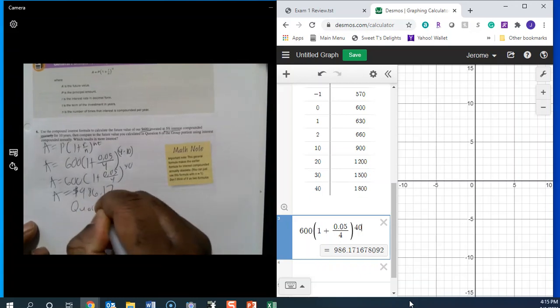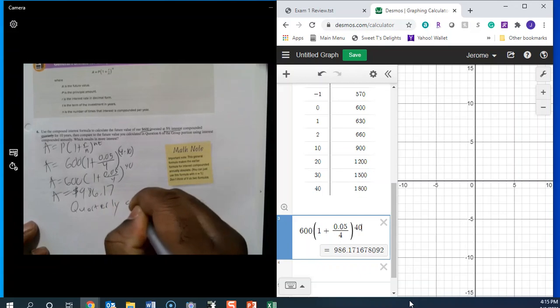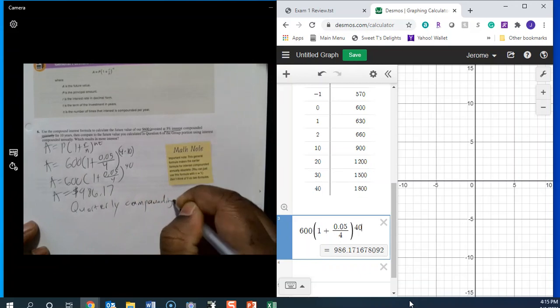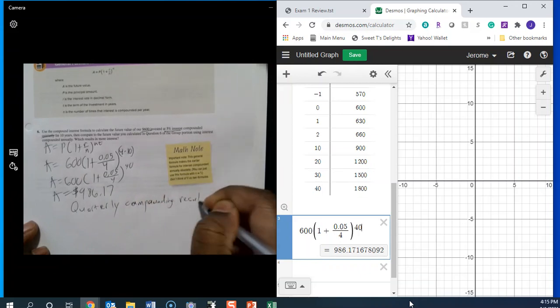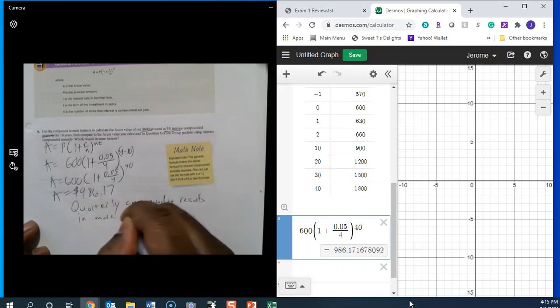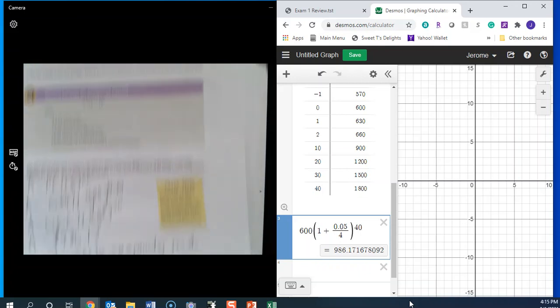Quarterly compounding results in more interest.